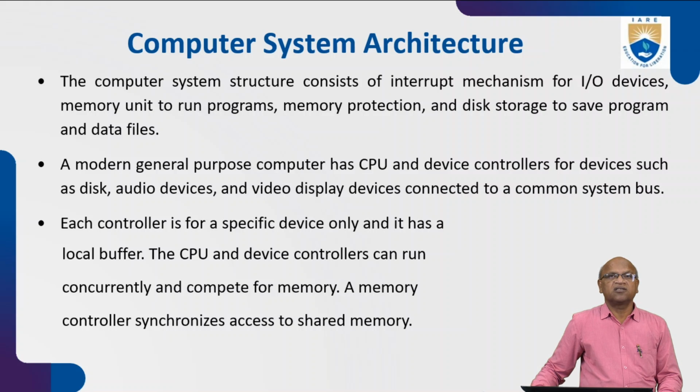The computer system consists of an interrupt mechanism for I/O devices, a memory unit to run the programs, memory protection, and disk storage to save programs and data files. Modern general purpose computers have a CPU and device controllers for devices such as disk, audio devices, and video display devices connected to a common system.